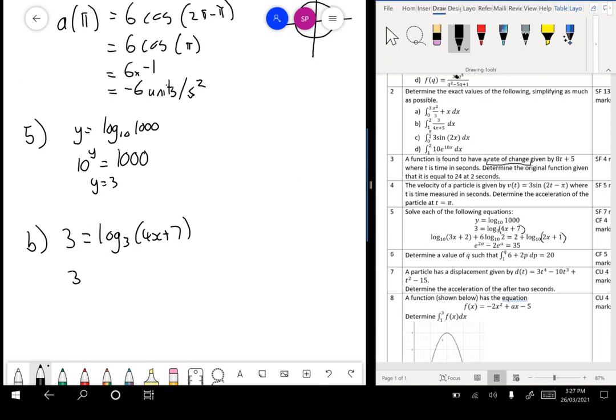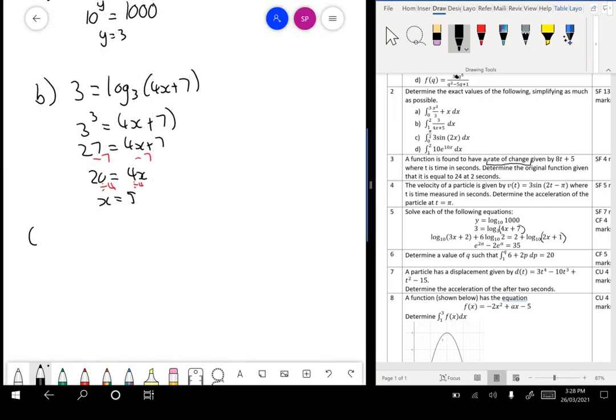So that would be 3 to the power of 3 equals 4x plus 7. 3 to the power of 3 is 27 equals 4x plus 7. Minus 7 is 20 equals 4x. X equals, divide both sides by 4. X equals 5. Okay.